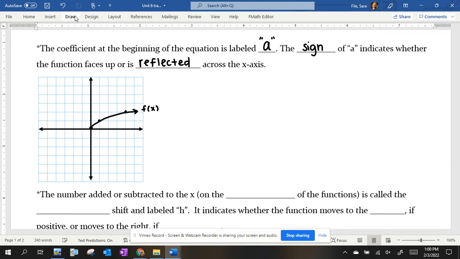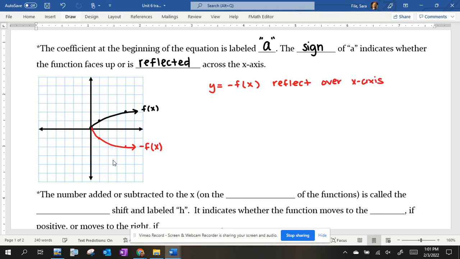Now what we need to know is if I put a negative in front of my function, if I multiply the function by a negative, so if my a is negative, that is going to be a reflection over the x-axis. So that would come here like this. So this would be negative f of x.